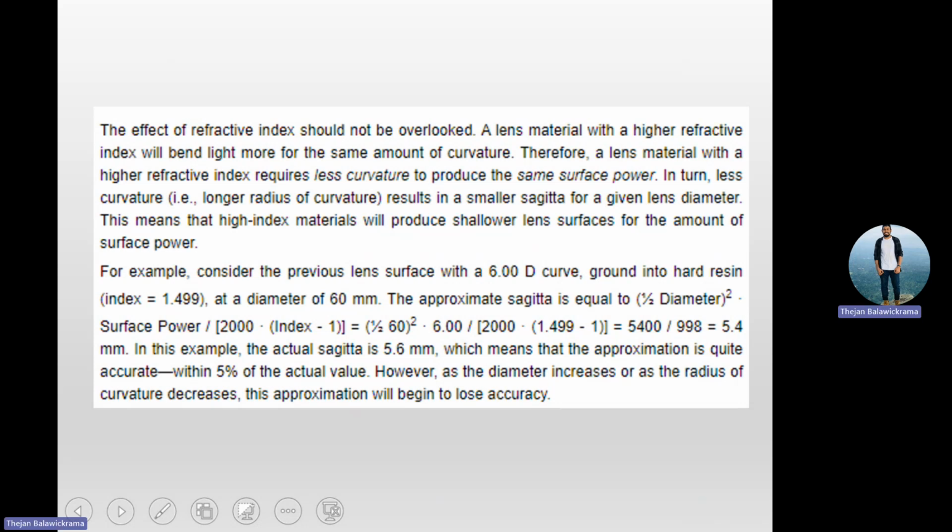So what we do is we check the percentage of error. How? We divide 9.1 by 9.8. If this error is less than 5%, it is acceptable.